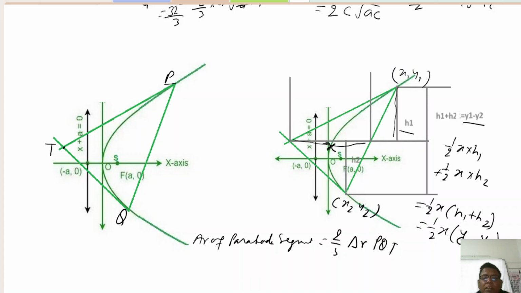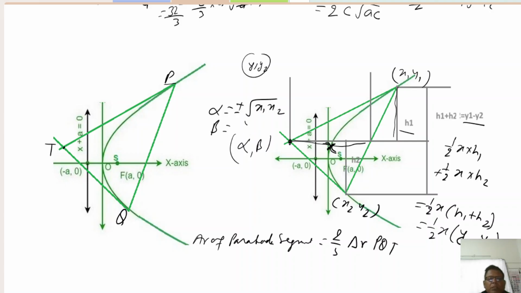And now we have to find out the x. So what is the x? Suppose this is the point of intersection, that is alpha beta. Anyway, alpha beta we know that alpha is equal to plus minus root over x1 x2, and this sign we take as per the sign of y1 into y2. If y1 into y2 is positive, then positive, otherwise negative. And beta is the arithmetic mean of y1 and y2, that is (y1 plus y2) divided by 2.